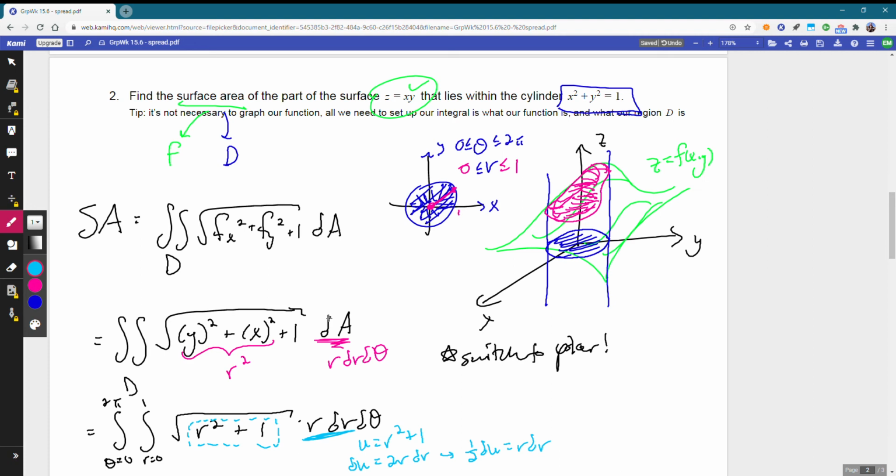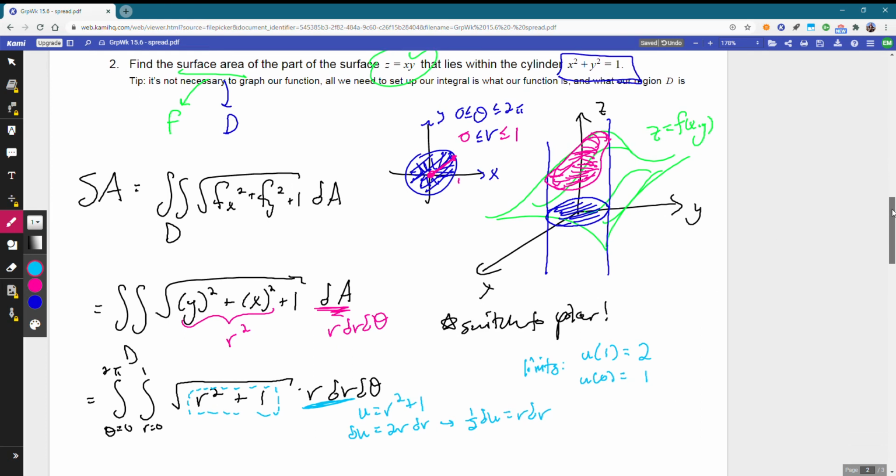Lastly, we will need to update our limits of integration from our r limits to u limits. So plugging in 1 and 0 into our u function, plugging in 1, we'll see 1 squared plus 1, so 2 as the output, and plugging in 0, we'll see 0 squared plus 1, so 1 as the output there. So those will be our new limits.